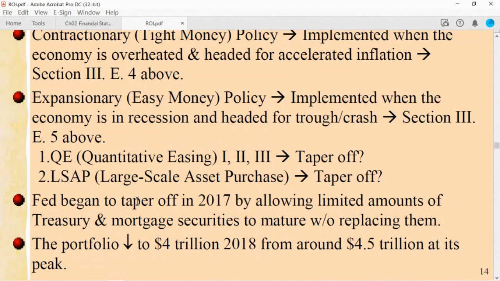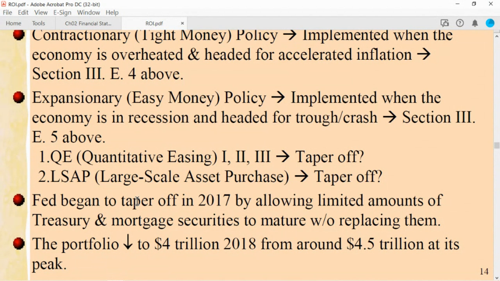But all through the Obama administration, Obama served 2 terms, there was no inflation. The economy recovered, although it took a long time, until it was hit by the pandemic in 2020.